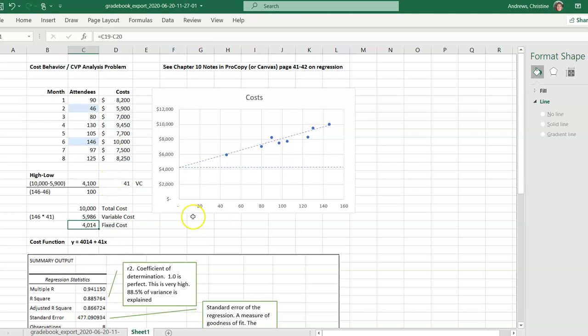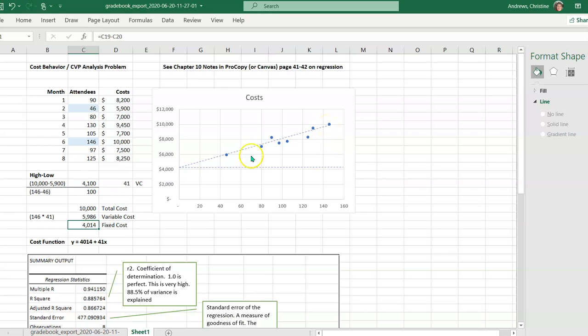Then I took the data and just graphed it. I threw a graph in here in Excel, and that's just an estimate of what I think my fixed cost might be. It's right around there, probably a smidge lower because 5,000 is right there, but I didn't want it to be on top of that line. Then for my variable cost, I just drew a line from the intercept up to the highest point.